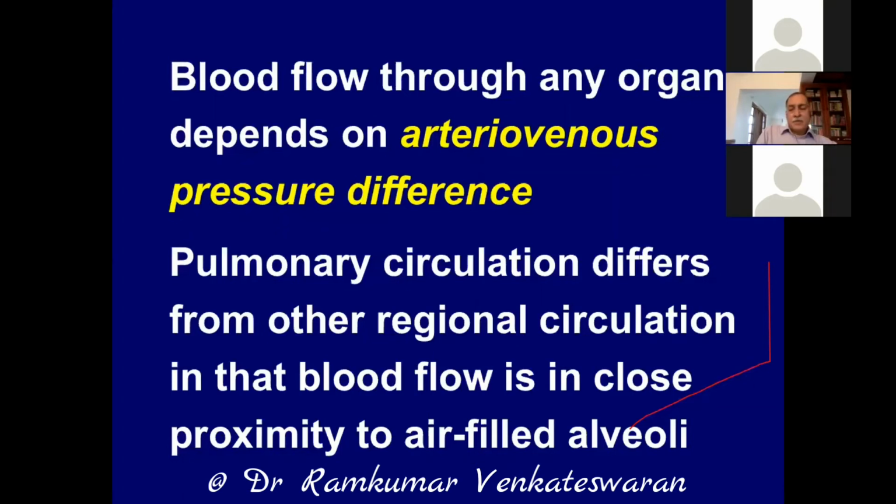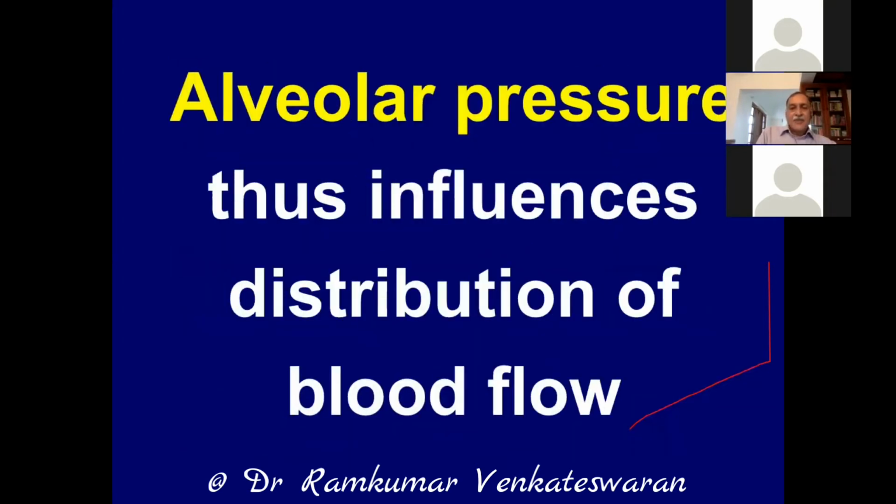Now, in the pulmonary circulation, there is an alveolar pressure that also comes into play that influences the distribution of blood flow. The first fact we learned was that the blood flow occurs through any organ, including the pulmonary circulation, depending on the arterial to venous pressure difference.